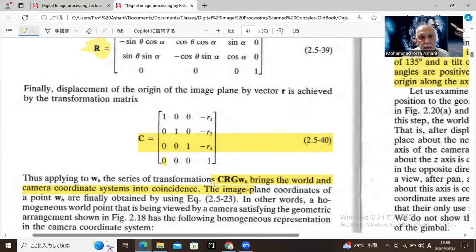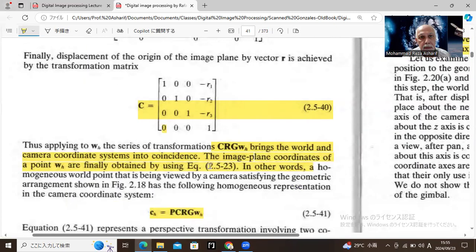So totally, in order to match these two coordinates, CRGWH. Then you bring the world and the camera coordinate systems into coincidence. The image plane coordinate point WH is finally obtained from equation 23.